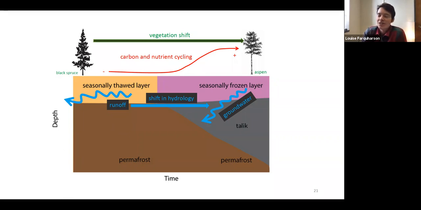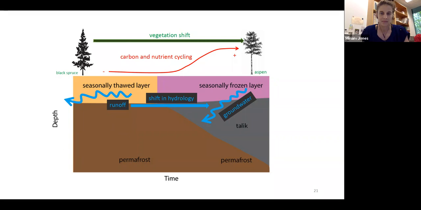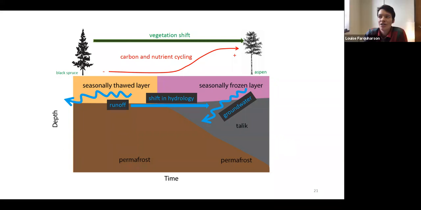Yeah, that's a great question. At most of these sites, surprisingly, we haven't actually seen too much thermokarst development yet.